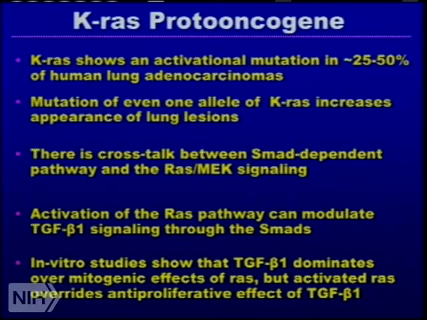There is valid crosstalk between the SMAD-dependent pathway and the RAS-MEK signaling pathway as well. Activation of the RAS pathway can modulate TGF-beta1 signaling through the SMADs or without the SMADs. And in vitro studies have shown that TGF-beta1 can dominate over the mitogenic effects of RAS, but that activated RAS can override the antiproliferative effect of TGF-beta1.